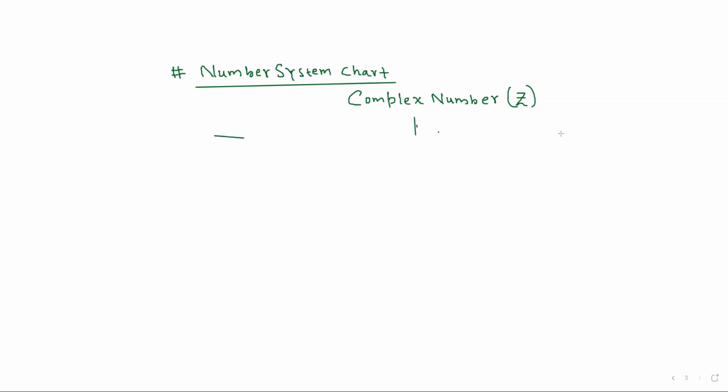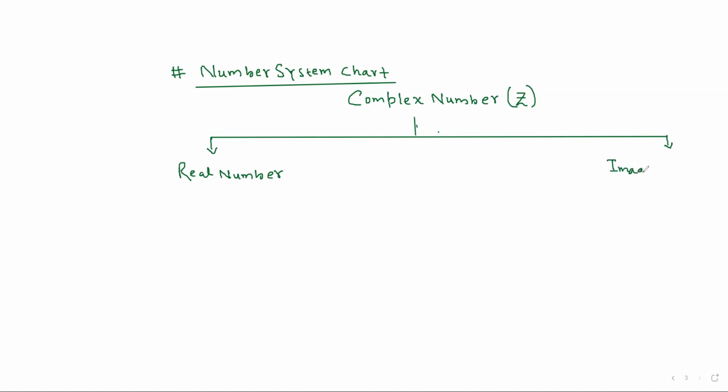First one is real numbers, and another one is imaginary numbers. Real numbers are represented by capital R, and imaginary numbers by I and a small m. The real number has two types.